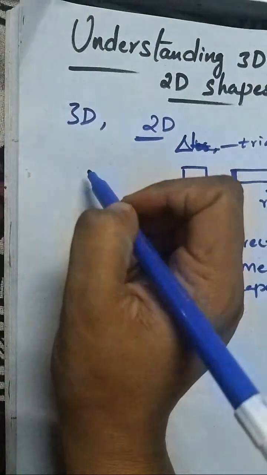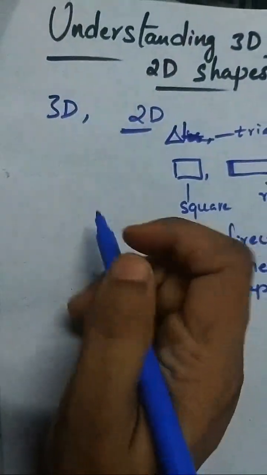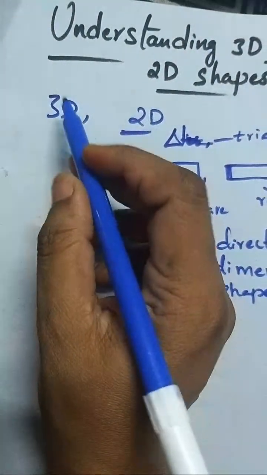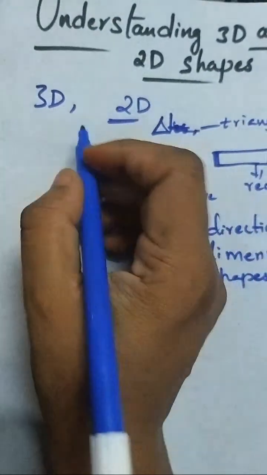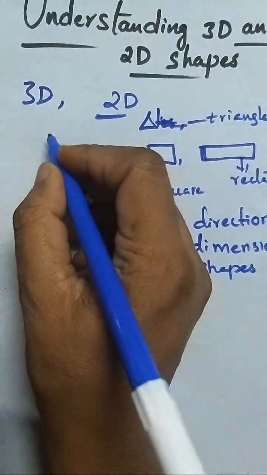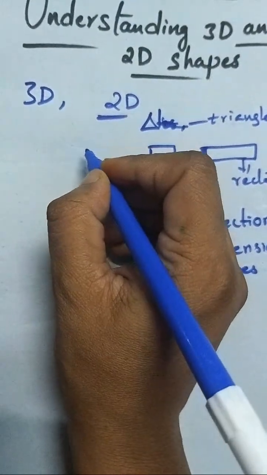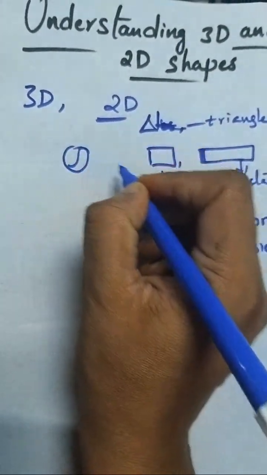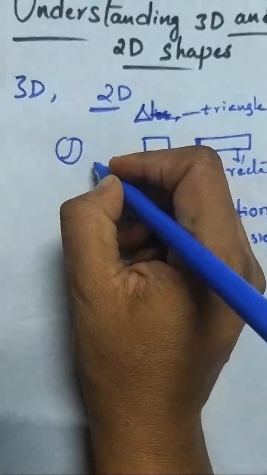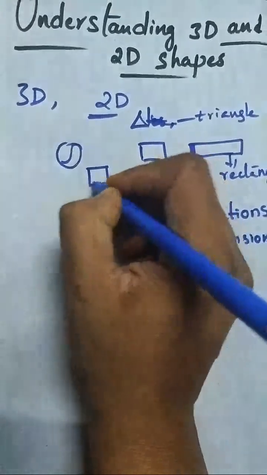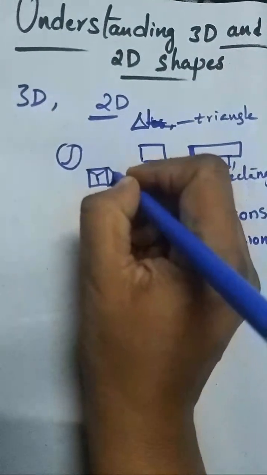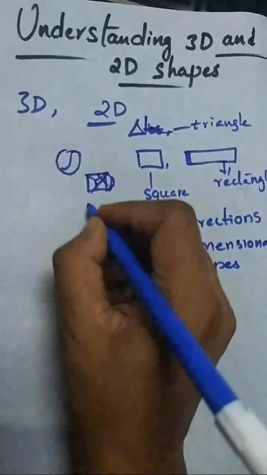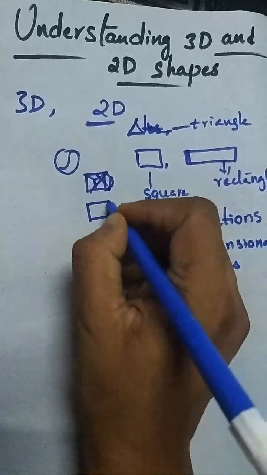And what are 3D shapes, children? Now in this chapter we focus on 3D shapes. We have solid objects like above. For example, cone. Like for example, a ball is a solid shape, and a cuboid like this, and this is a cube, an ice cube.